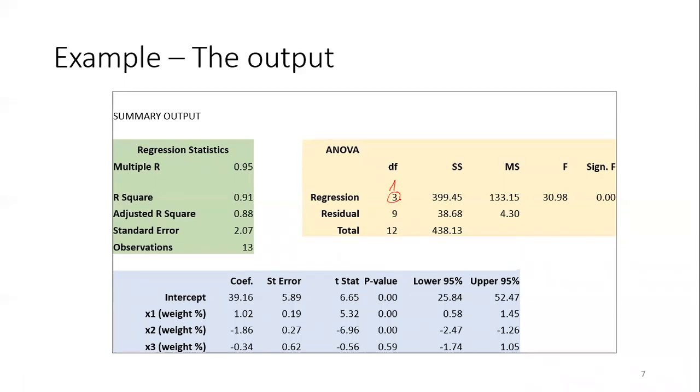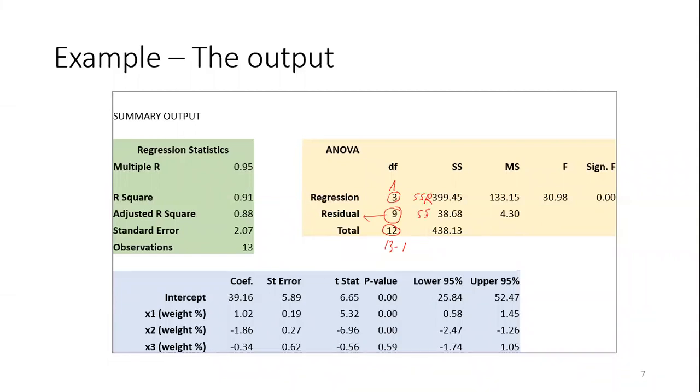That's why the degrees of freedom here is 3 for the regression. The total degrees of freedom is 12, which is 13 minus 1. And the remaining degrees of freedom goes to the residuals. SS is the sum of squares. This is SSR.